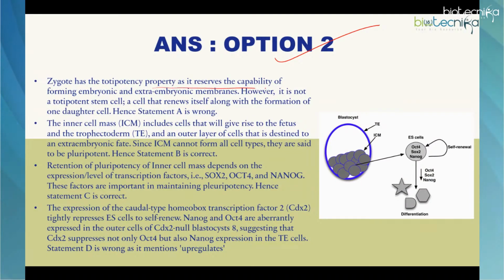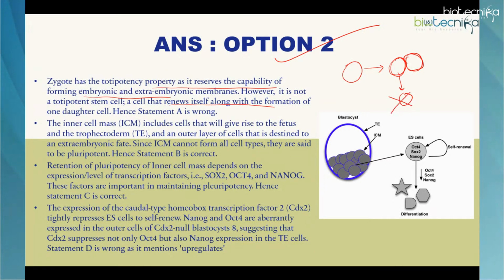The zygote has the totipotency property as it retains the capability of forming embryonic and extraembryonic membranes. However, it is not a totipotent stem cell. So, what is a stem cell? A cell that renews itself along with the formation of one daughter cell. When the zygote divides into two cells, it's not possible that one of these two cells could make the zygote again.